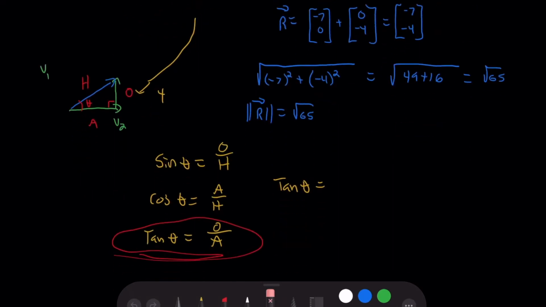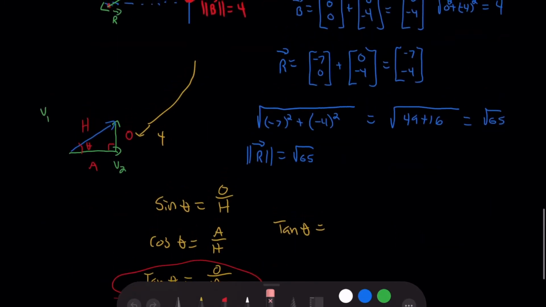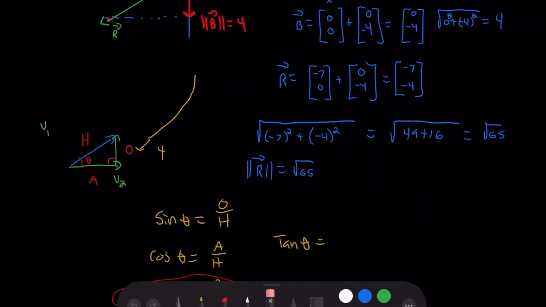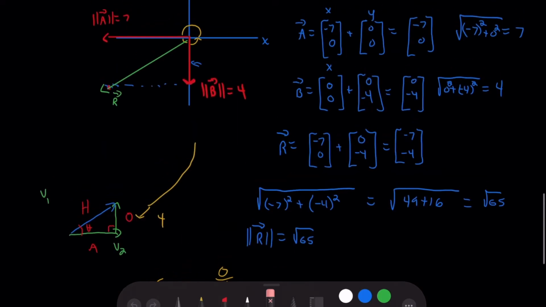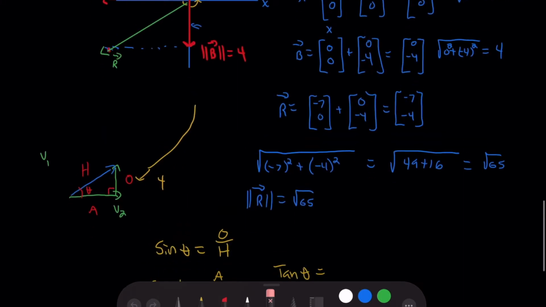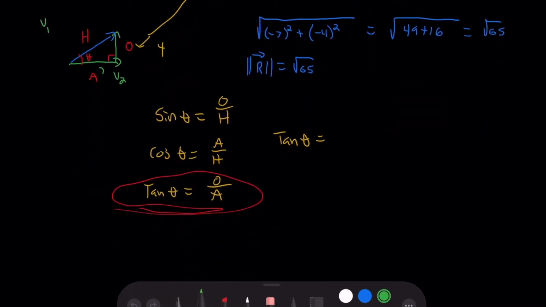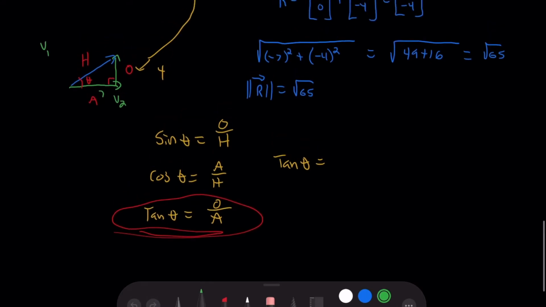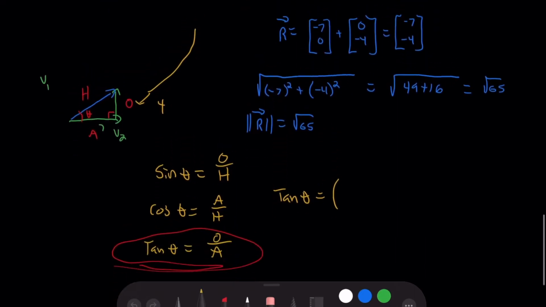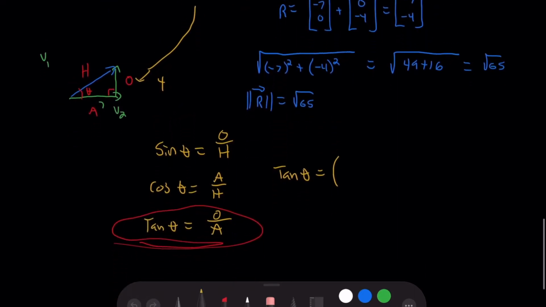And again, that matches up to this here. And then over here, we have this being 7. And so that means tangent theta is equal to 4 over 7, and therefore theta is equal to arctangent of 4 over 7.